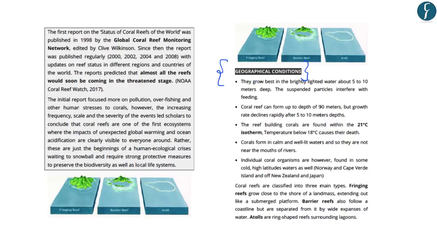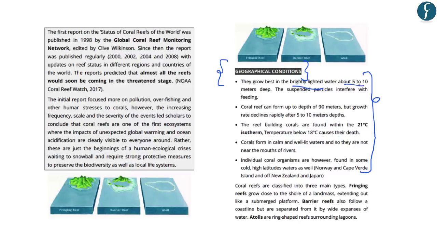That is how you could have correlated the impact of climate change on the growth and survival of the coral reefs, because climate change and global warming impact the geographical conditions which are essential for the growth of coral reefs.